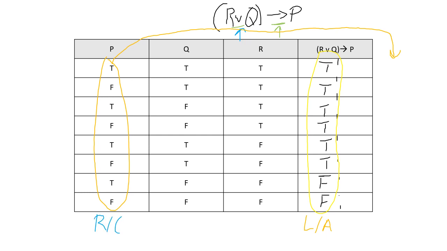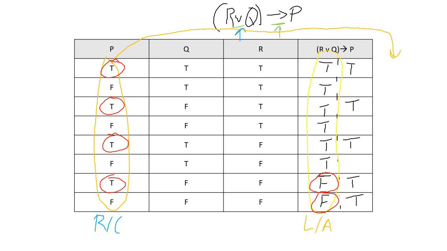And so if you remember, an arrow is true wherever the left side or the antecedent is false, or the right side is true. And so we can just fill in the values here for the arrow by looking across. So the right side is true here in row 1, row 3, row 5, row 7, and then in rows 7 and 8, the left side is false, so it also gets true.